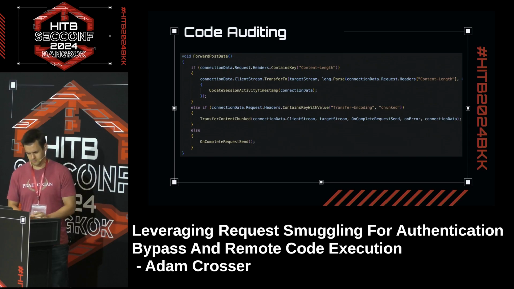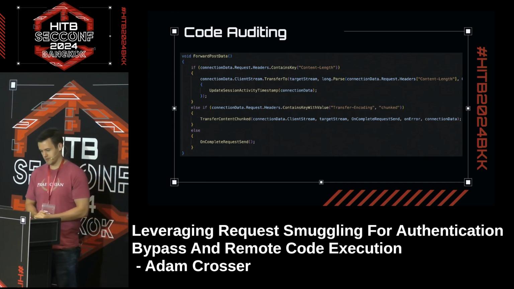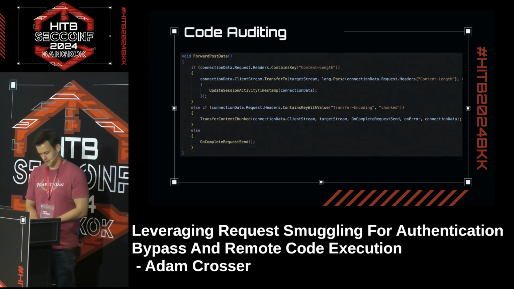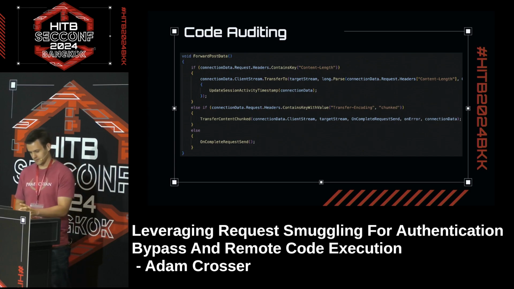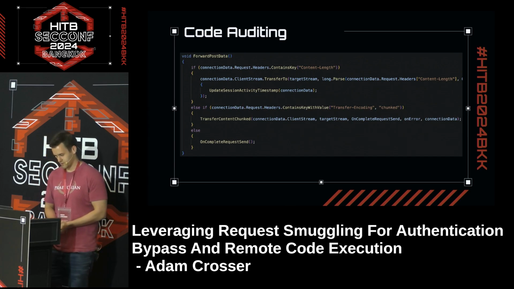But one of the pieces of code that really stuck out to us is this forward post data function, where they're routing requests with post data, and they're looking for the content length header and forwarding based on the content length header. If they don't find that, they're forwarding based on the transfer encoding header.